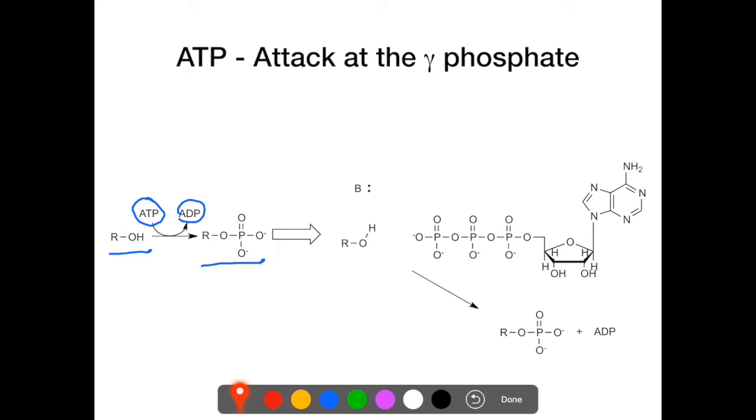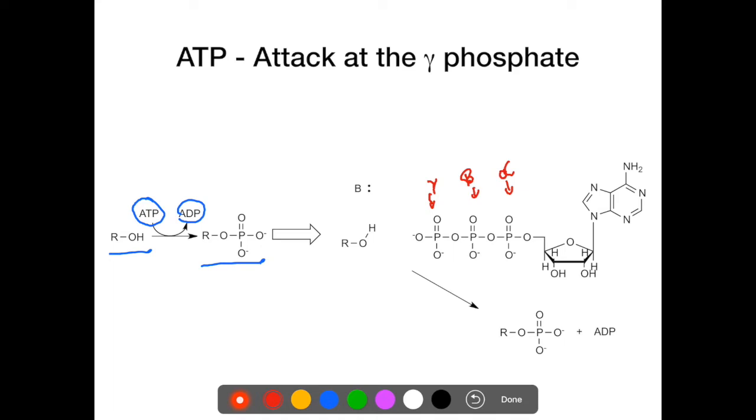Now, when I look at that, we have ATP, we have the alpha, that's red here, the beta, which is that phosphate, and the gamma, which is this phosphate.